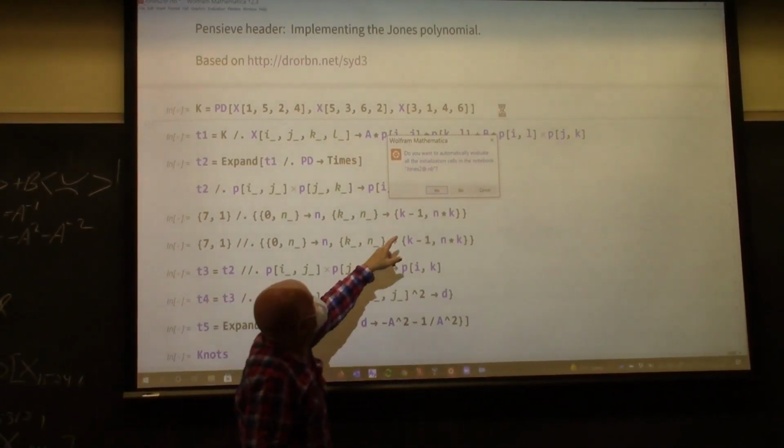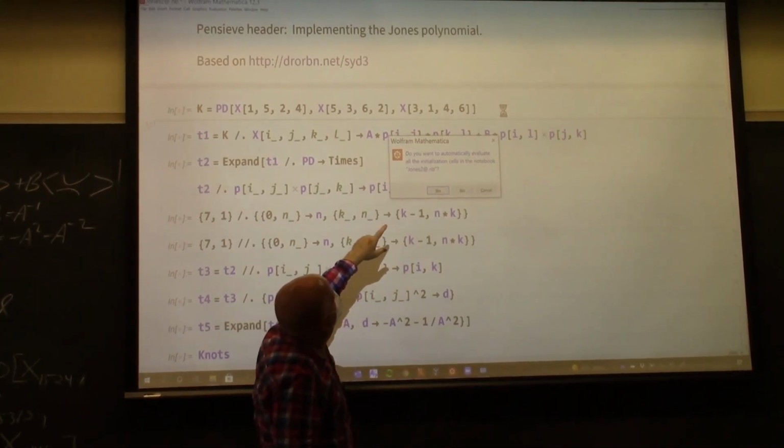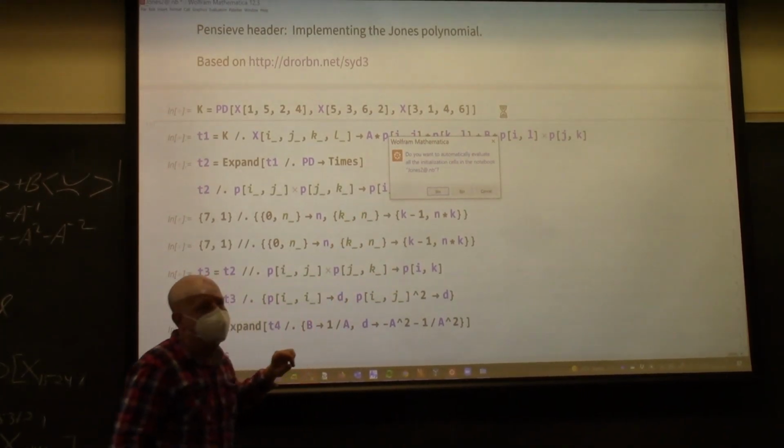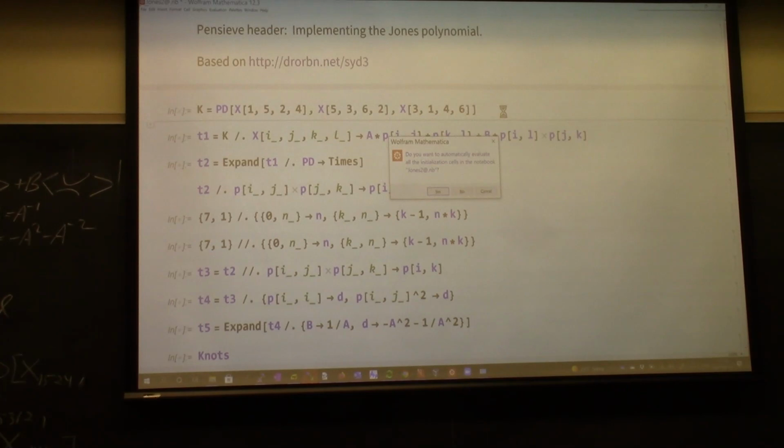And when I do it, the computer asks me whether I want to evaluate the initialization cells. I remind you that there is a hidden cell here in the gray zone, and the computer asks me if I want to evaluate it, and it's just the definition of all the knots.